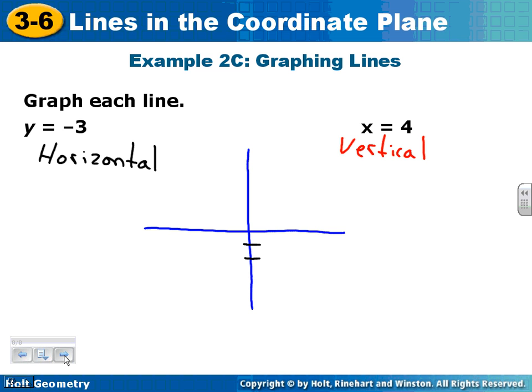So it's a horizontal line through that point. Then x is 4, which is vertical. 1, 2, 3, 4. So it's a vertical line through that point. Notice one thing. A horizontal and a vertical always intersect at a right angle. So they're perpendicular to each other.